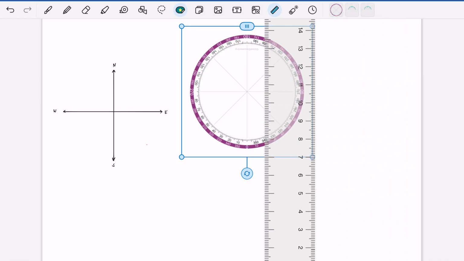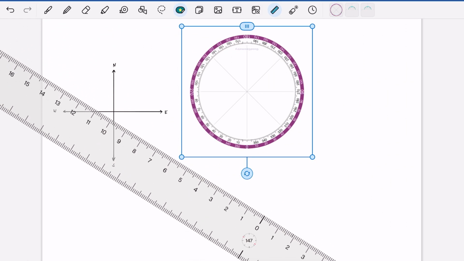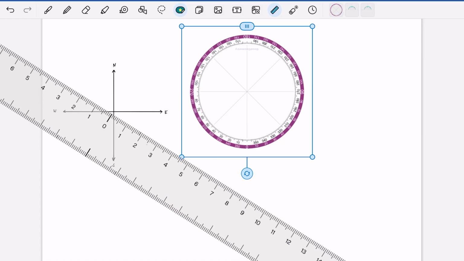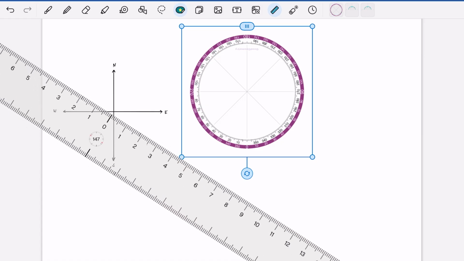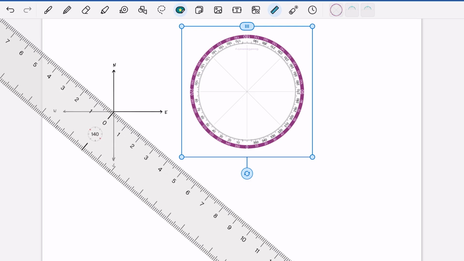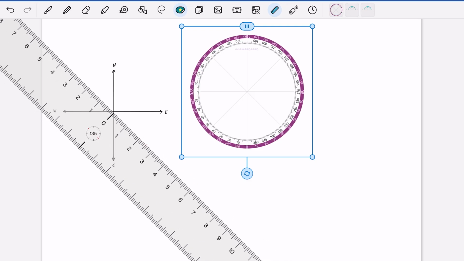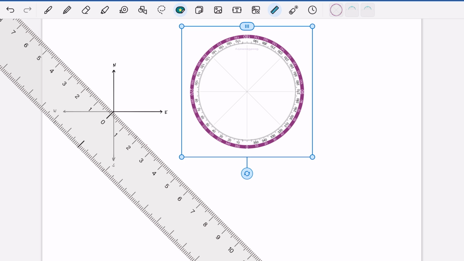I'm going to pick my ruler, and then where's the 0? Here. The 0 should pass through both the origin and the dot which signifies the angle. Maybe like that.